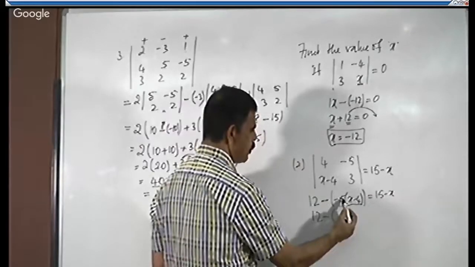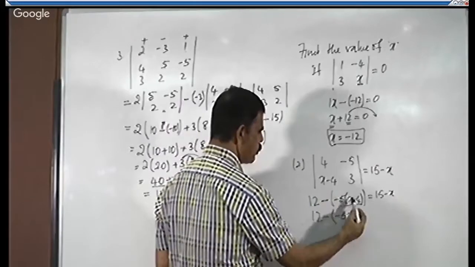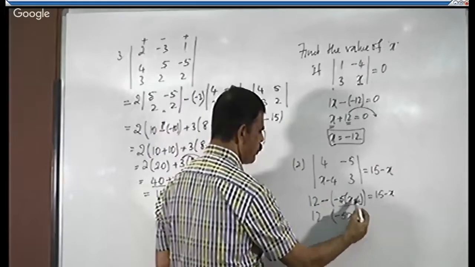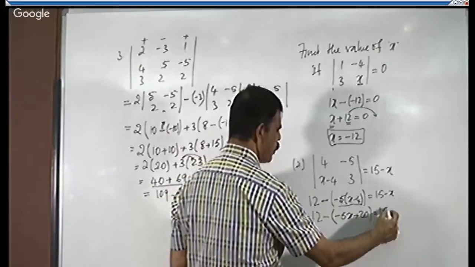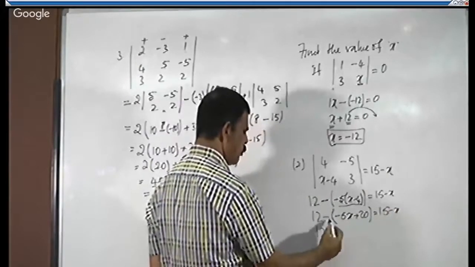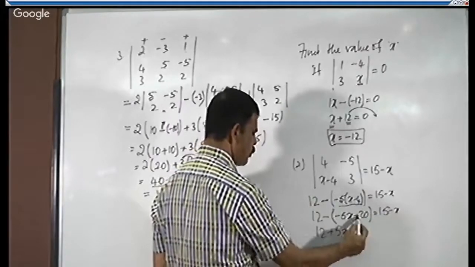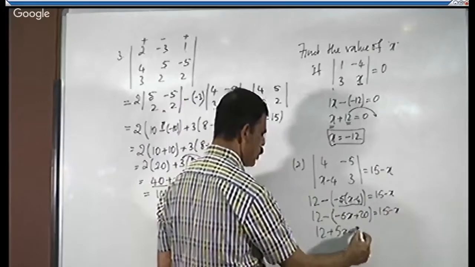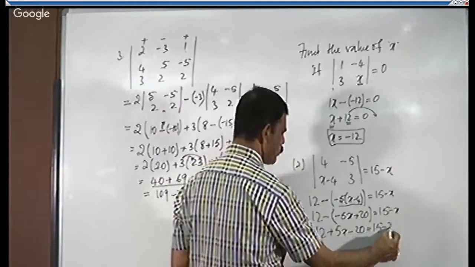Minus 5 into x is minus 5x. Minus into minus is plus. 5 into 4 is 20. Is equal to 15 minus x. Now remove this bracket. 12 minus into minus plus 5x. Minus into plus minus 20 is equal to 15 minus x.